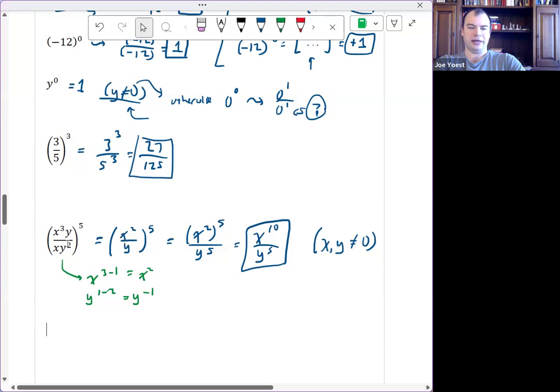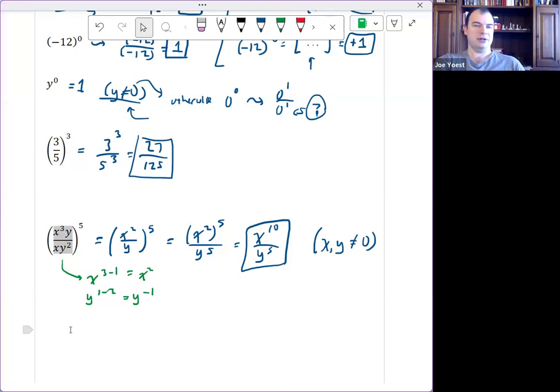So I get x squared over y, and that's all raised to the 5th power. So this interior of the parentheses just simplifies down to x squared over y. And now I do the next step. So I've decreased the complexity. Now I increase by distributing the 5. I get x squared to the 5th all over y to the 5th. And that's x to the 10th over y to the 5th.